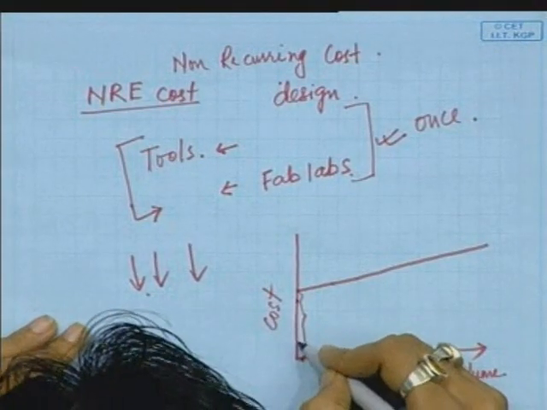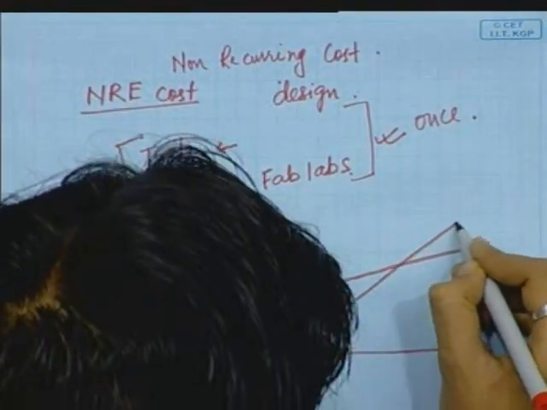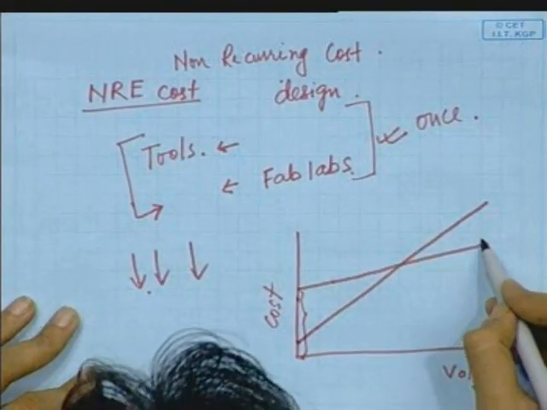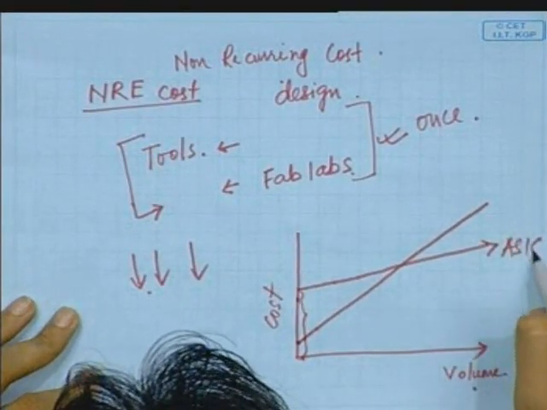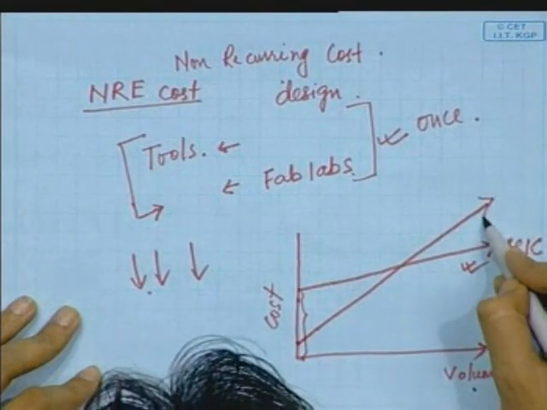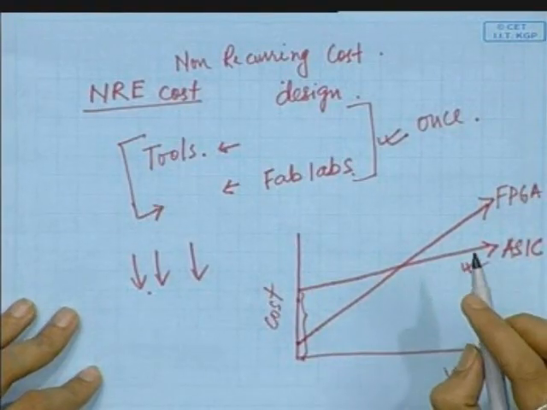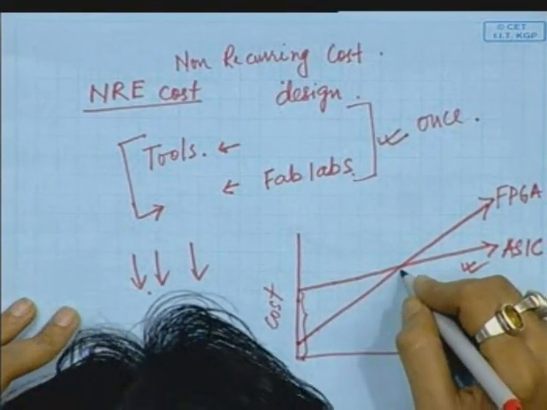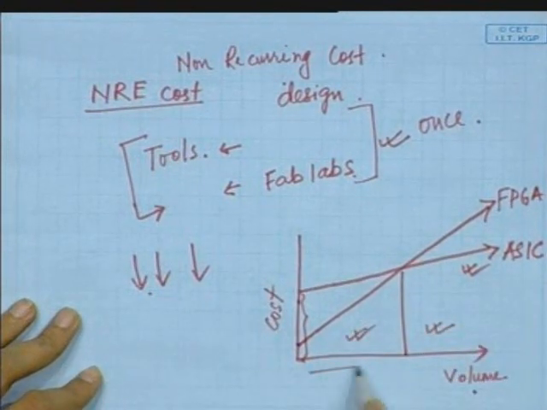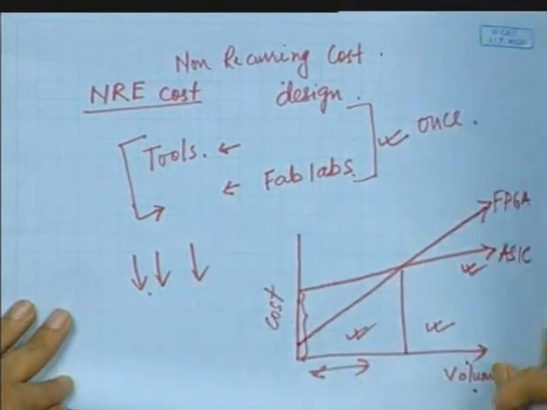For FPGA, it is much less, but when you go for high volume production, ASIC will be a cheaper option. At high volume production, FPGA will be a costly affair. So you have to decide in which range you are operating. Are you going for a low volume production or a high volume production, right?